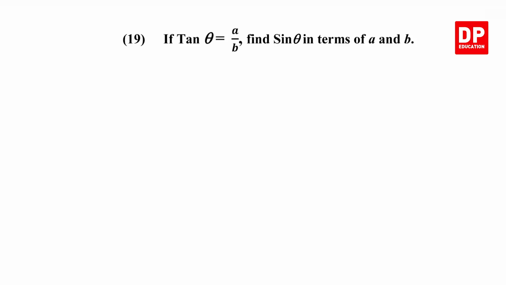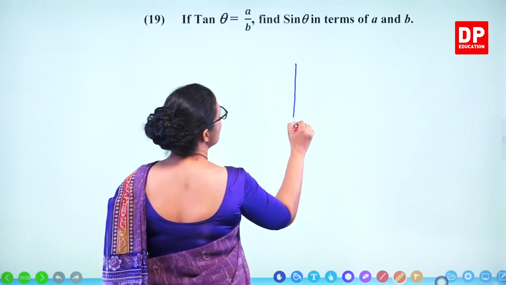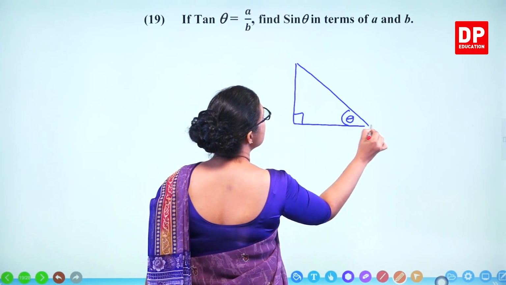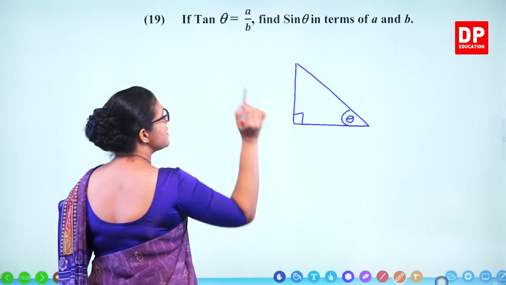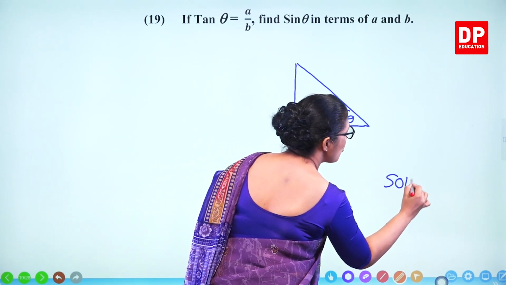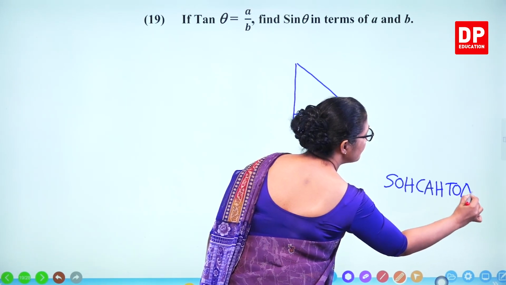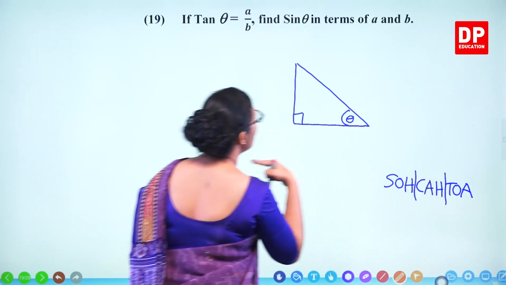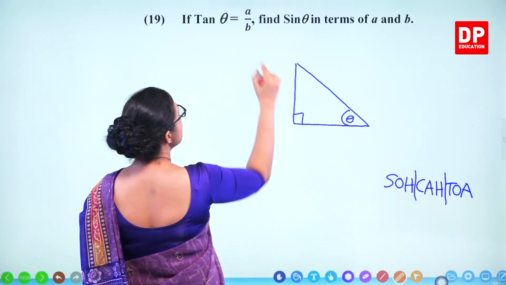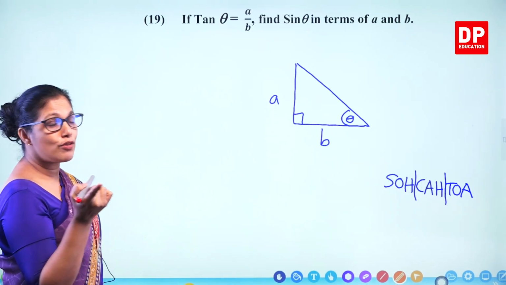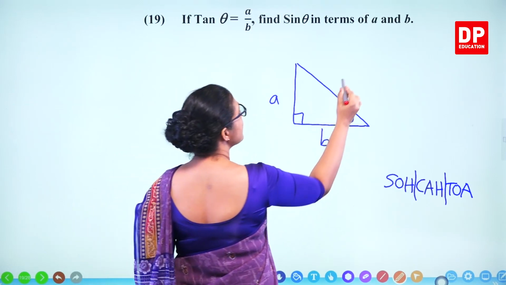19. If tan theta is A over B, find sin theta in terms of A and B. So we'll draw a triangle and see. If this is theta, what is tan ratio according to SOHCAHTOA? Tan is opposite over adjacent. So opposite is A, adjacent is B. Now we can find out the hypotenuse using Pythagoras.